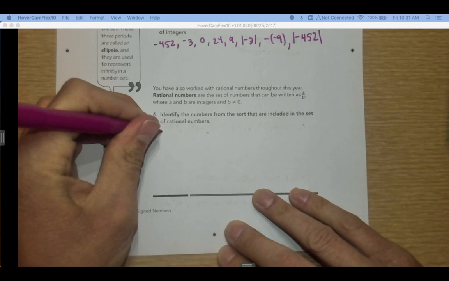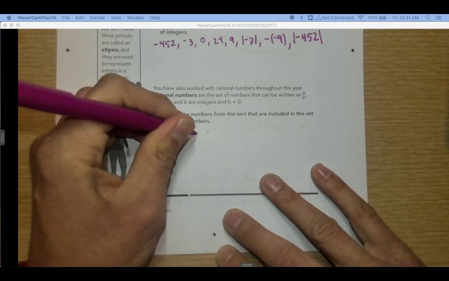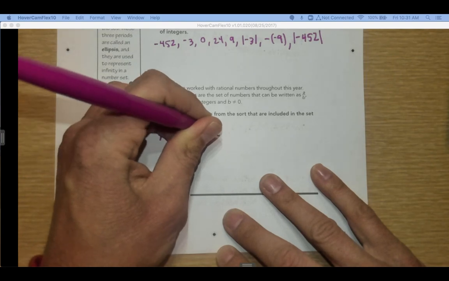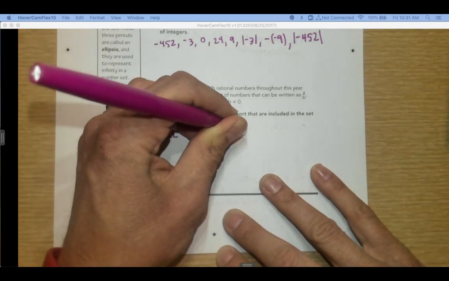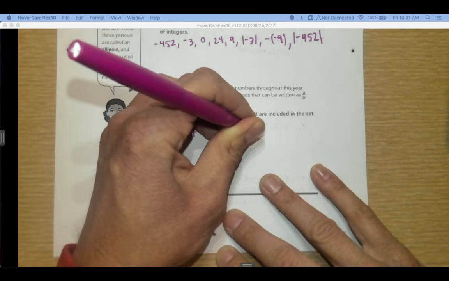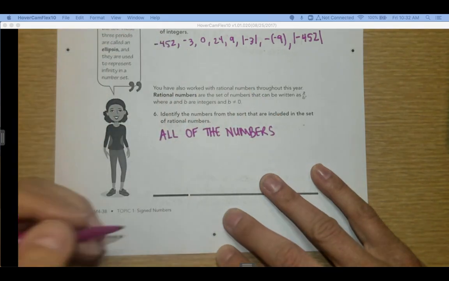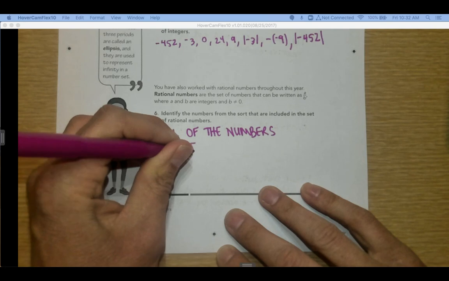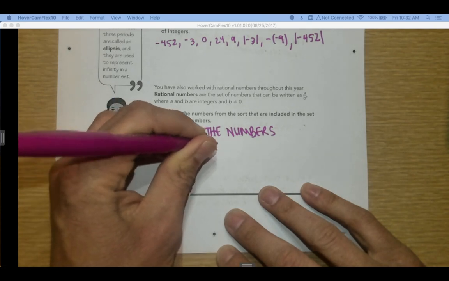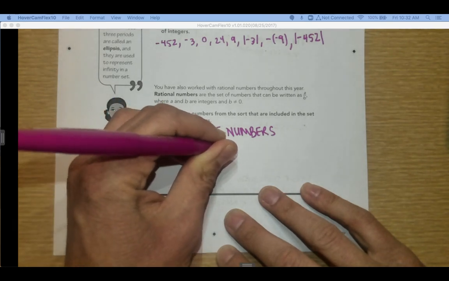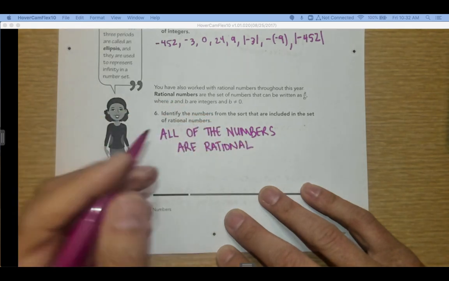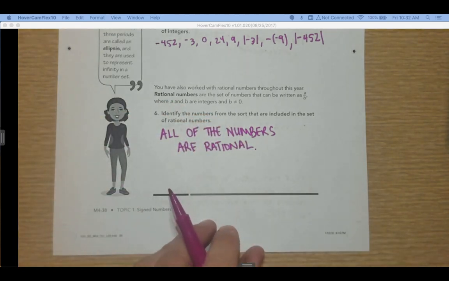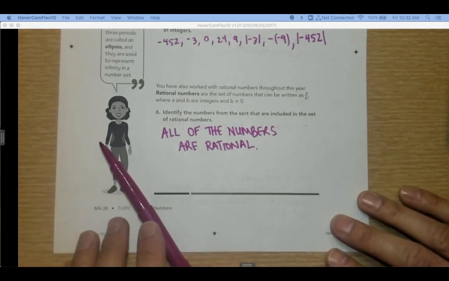Well, all of the numbers that we looked at are rational. Okay, so even the decimals and fractions are rational numbers.